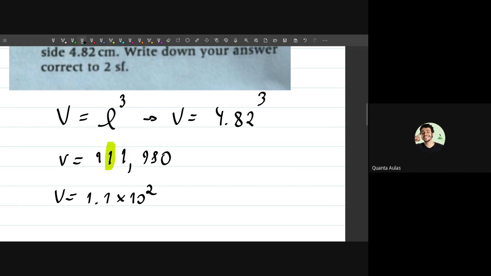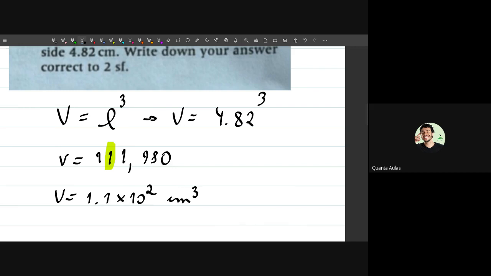But you cannot forget the unit. You are speaking about a volume, so the unit is cubic. But we need to learn the scientific notation. We can speak about it another time.